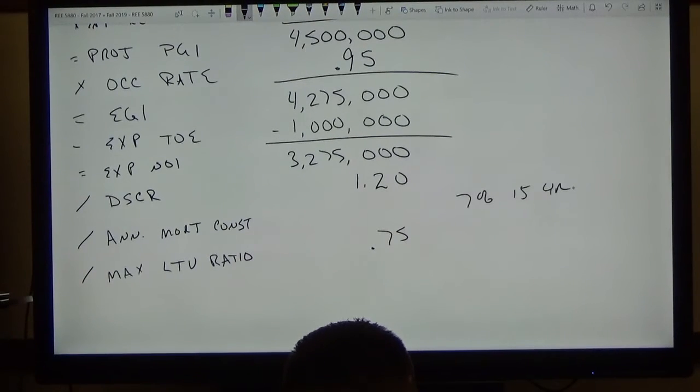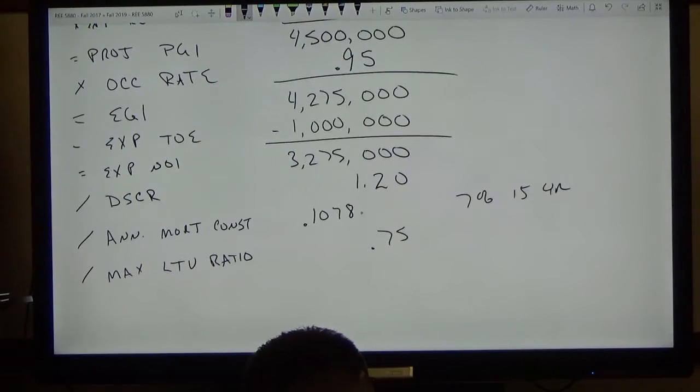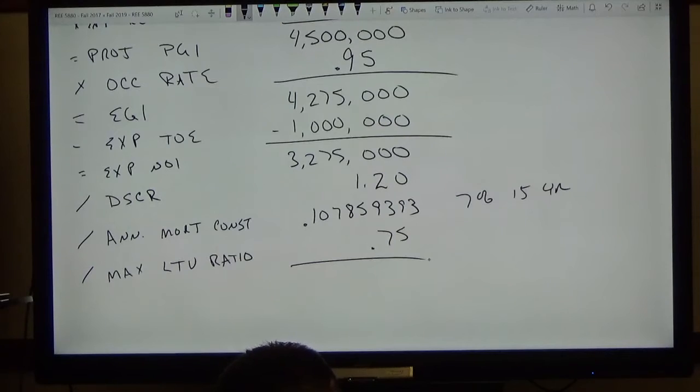Yeah, no, I just want to put it in myself, so I don't screw it up, hopefully. Okay, so our mortgage constant, 107,859,393. Okay, we do all of that, and that gets us down to basically the maximum supportable total project cost.